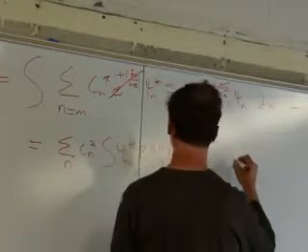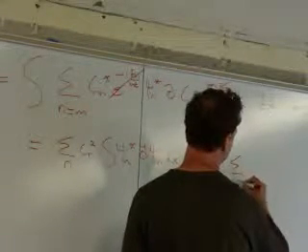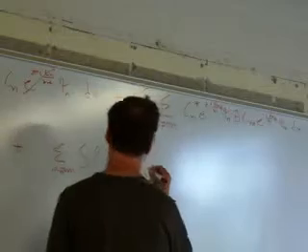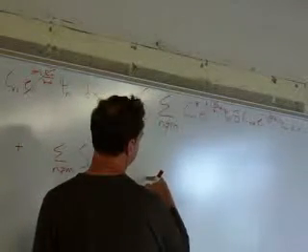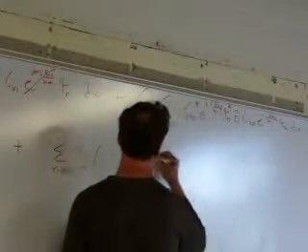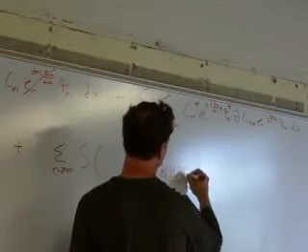Plus, I'll write this as the summation of n not equal to m of the integral of a whole bunch of stuff. But part of that stuff is going to break down to psi_n star, operator, psi_m dx.